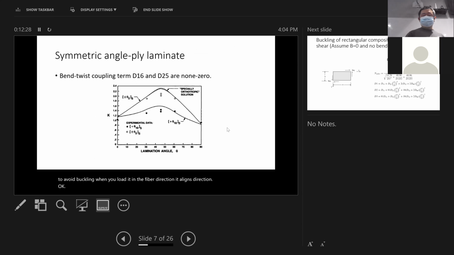Now, this is cross ply, 0/90s. When you have angle ply, symmetric angle ply, you can also calculate all the D's. If you then use a similar equation we presented before to calculate the buckling load, you find that it over-predicts. So angle ply will have a lower buckling threshold. The empty dots here are the buckling load for angle ply, calculated using the earlier equations anyway.